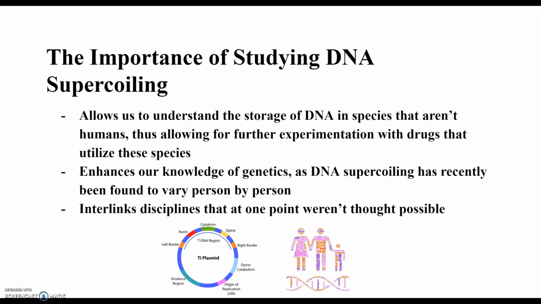So now what we have in today's day and age is physics and DNA/biology interlinking and showing that you can really unionize any discipline and show for the better what you can really accomplish with those two disciplines combined. Without physics, we wouldn't be able to explain supercoiling as much as we can now. We would say one DNA is folding over the other. We wouldn't have these phrases, torque, torsion, to help us truly understand the dynamics of what's going on at DNA when it's transcribing or being stored.